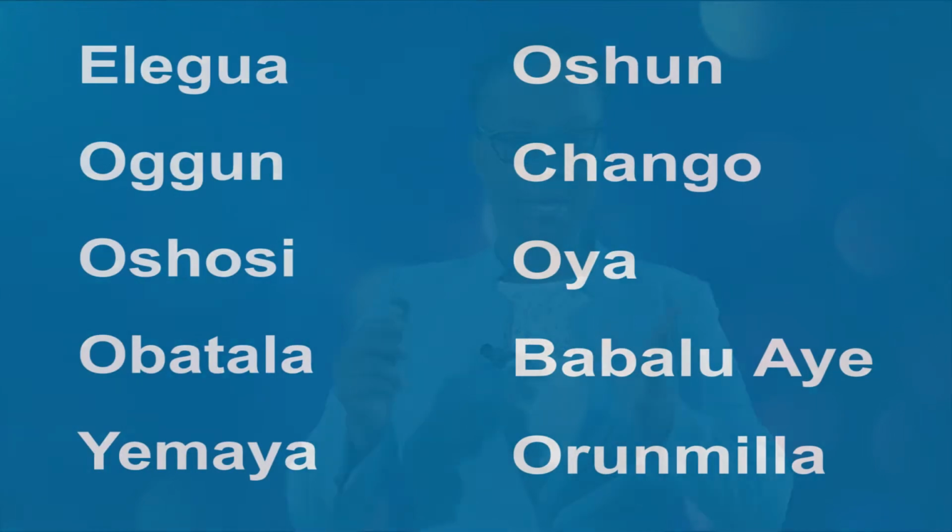And they would do that on a daily basis. The principal Orishas include Elegua, Ogun, Ochosi, Obatala, Yemaya, Oshun, Shango, Oya, Babalu Aye, and Orula.